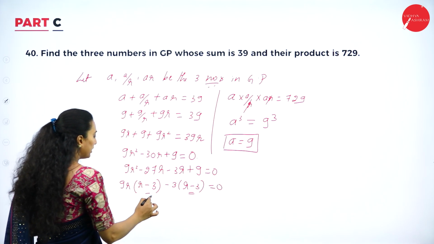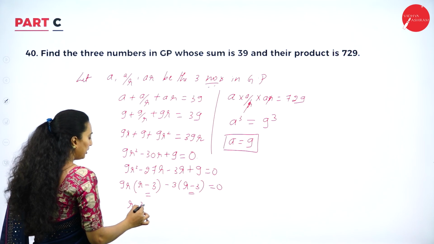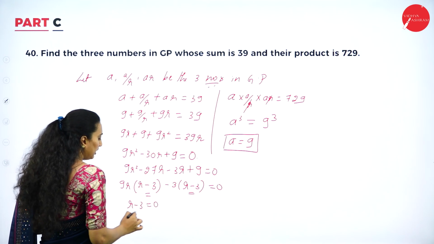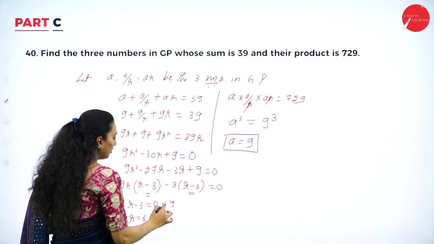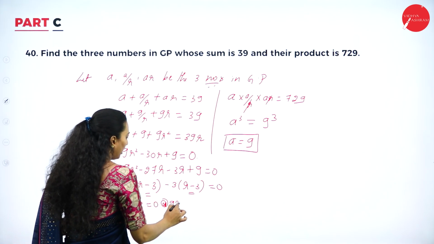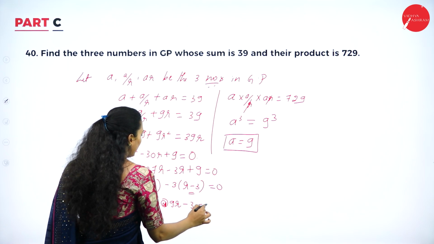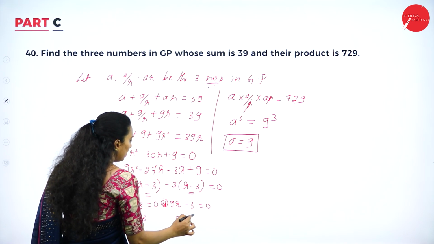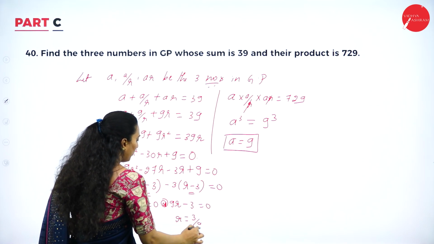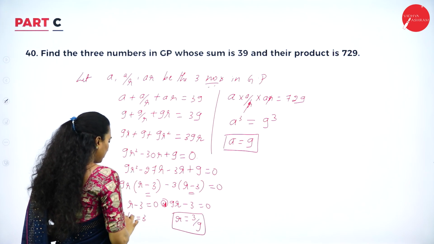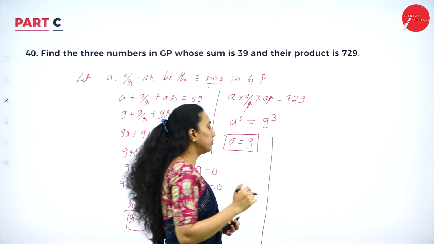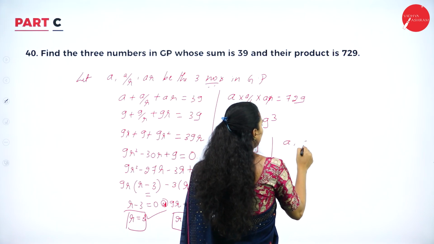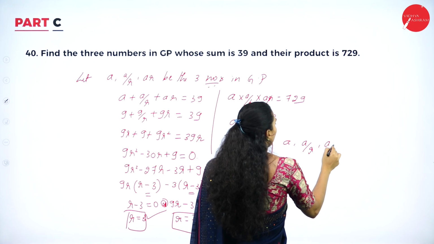You can take r minus 3 as common factor. r minus 3 equal to 0 gives r equal to 3, or 9r minus 3 equal to 0 gives r equal to 3 by 9. Any one value you can take, dear students. I am taking r equal to 3. They've asked you to find the three numbers, which are a, a by r, ar.